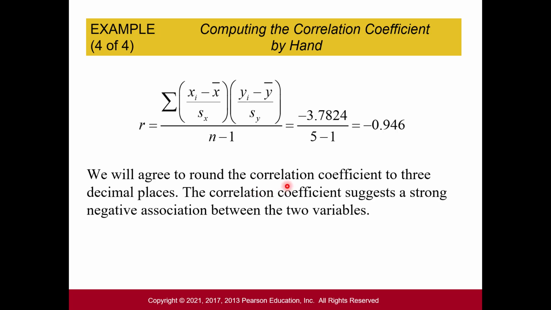We're going to just agree to round to 3 decimal places. And so this number suggests a strong negative association between the 2 variables. If you look back at our scatter diagram, it looked like the variables were going down to the right. So as the explanatory variable increased, the response variable decreased, and this number confirms that.